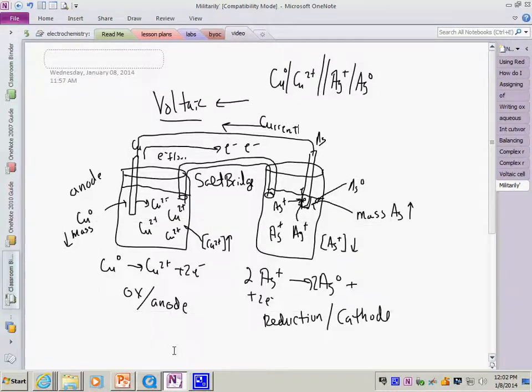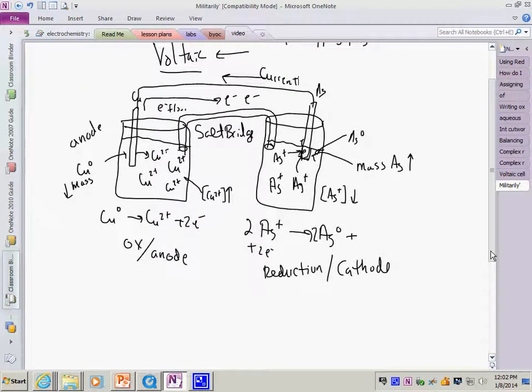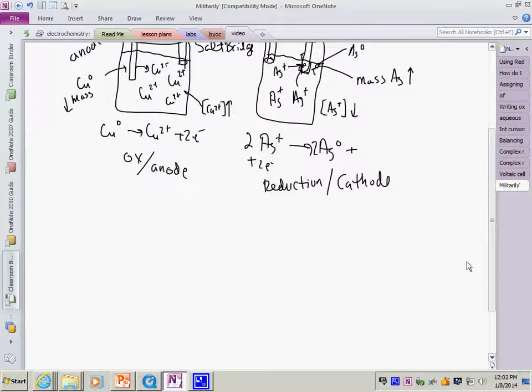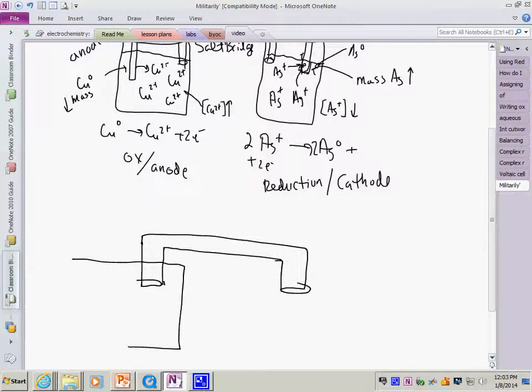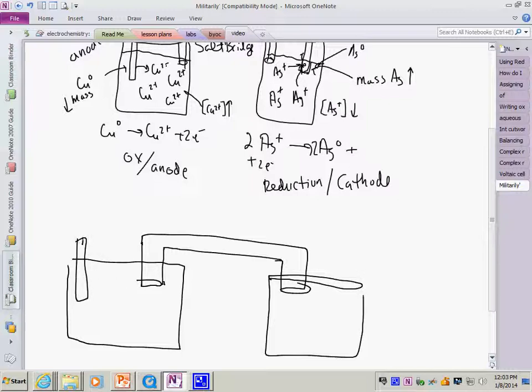Now let's take a moment and isolate why we need a salt bridge, something to balance the charge between the two. As I blow up a picture of my salt bridge, it is in a beaker, and you can pretty much just follow the path of the negative. I have a post, and electrons are flowing in this direction.